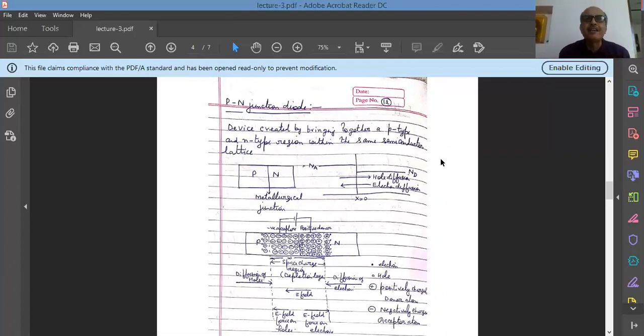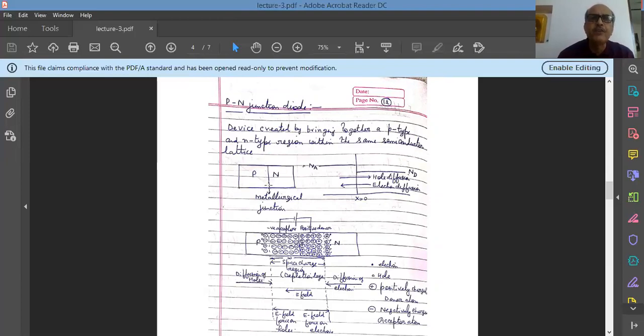It is a device created by bringing together a P-type and N-type region within the same semiconductor lattice. We have to have one semiconductor, and then only we have to convert it into a PN junction. But we can understand it as if it is basically a junction between a P-type semiconductor and N-type semiconductor.